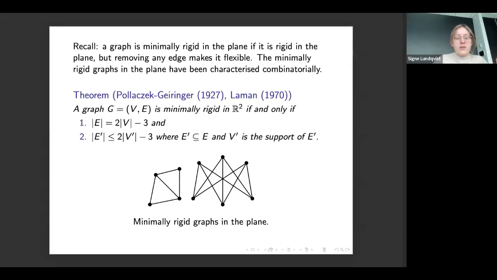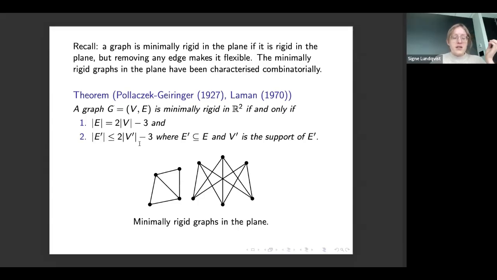So what the first condition is sort of intuitively saying is that you've removed all but 3 degrees of freedom from these 2V. And the 3 degrees of freedom that you haven't removed correspond to a 2-dimensional space of translations and a 1-dimensional space of rotations. And they exist for any framework, so we'll never be able to remove those.